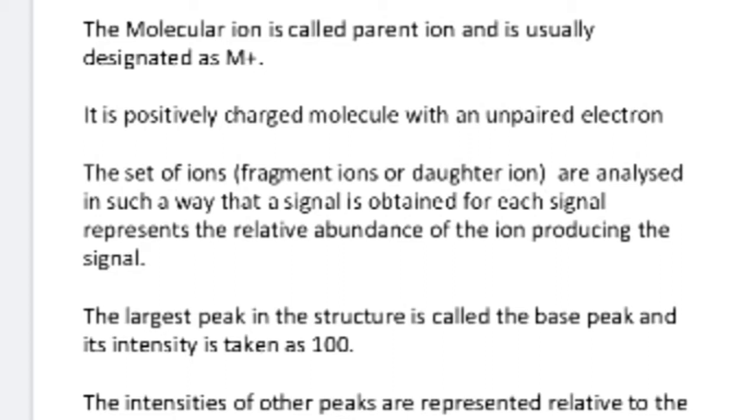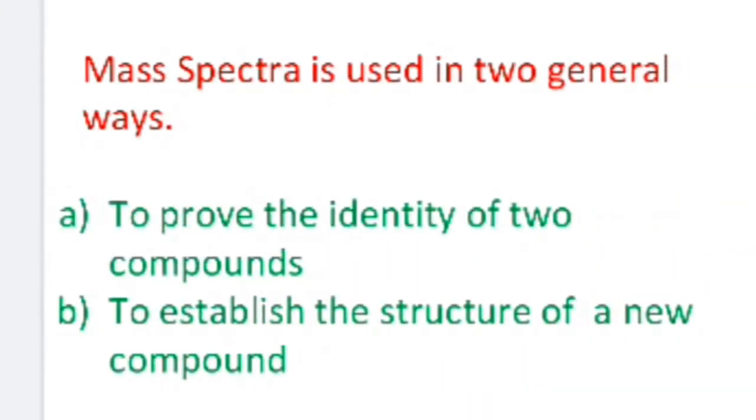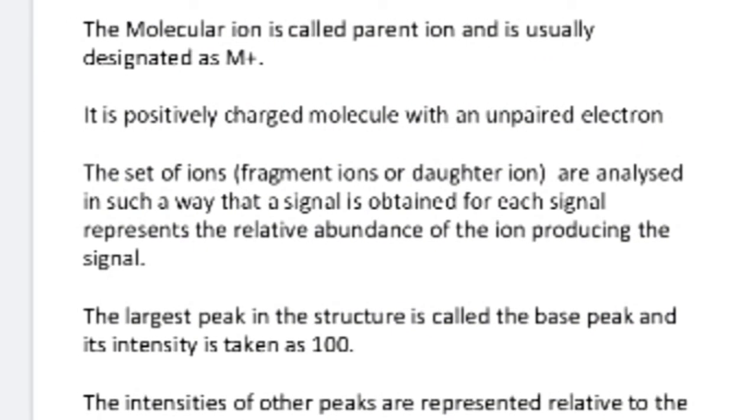Next, the largest peak in the spectrum is called the base peak and its intensity is taken as 100. The intensities of other peaks are represented relative to the base peak.